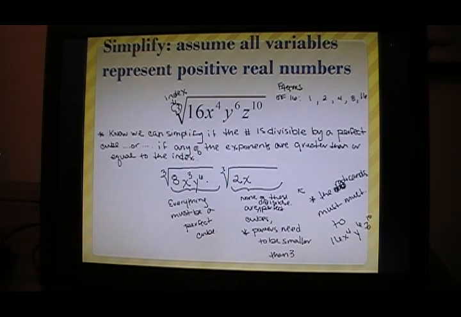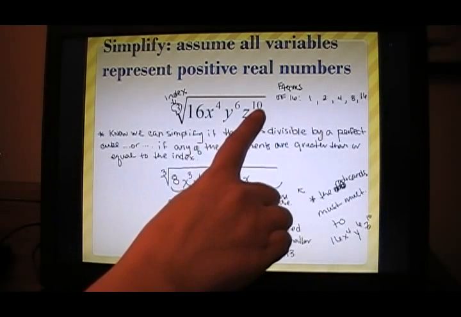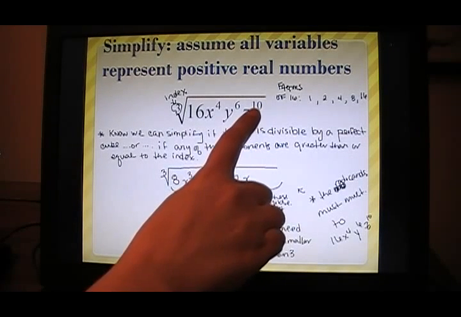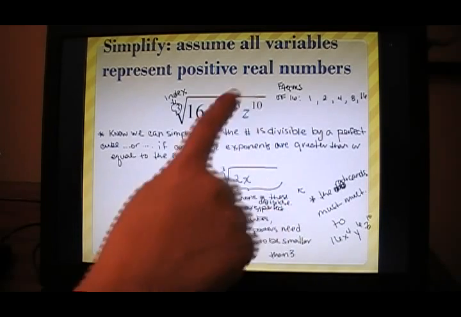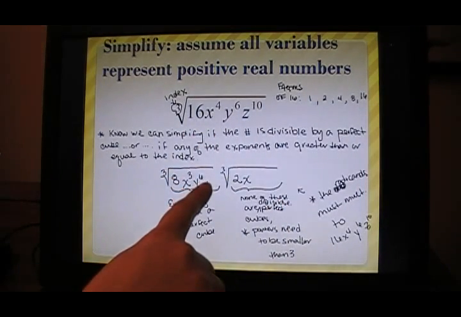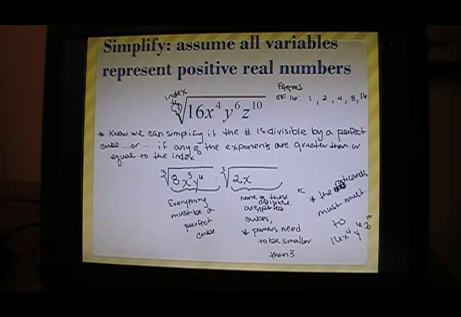My z to the 10th, so basically I'm thinking, all right, less than 10, what's a number that's divisible by 3? And that would be 9. So z to the 9th is the largest perfect cube factor of z to the 10th, and I would have to multiply z to the 9th by z in order to get z to the 10th.